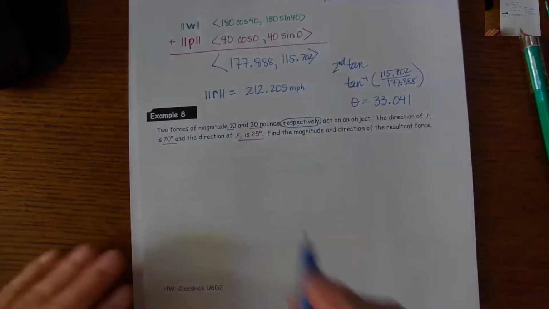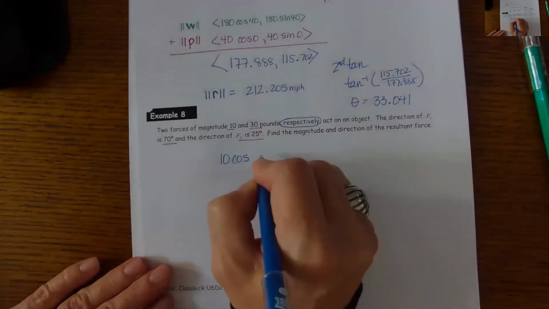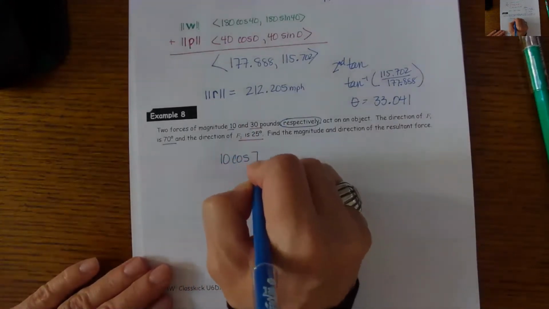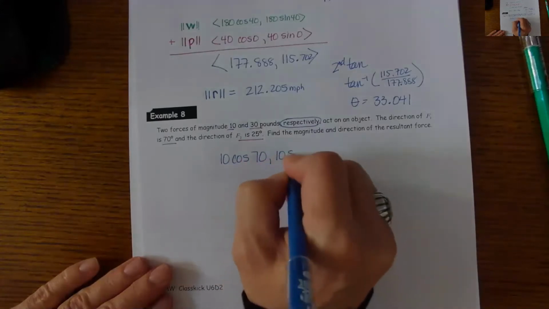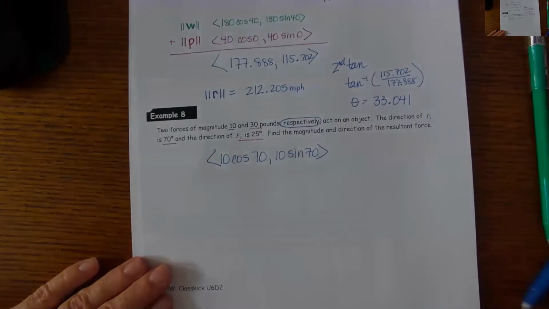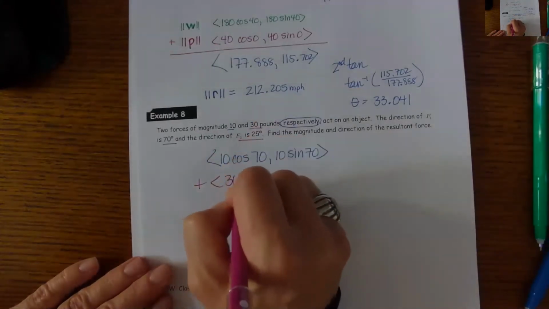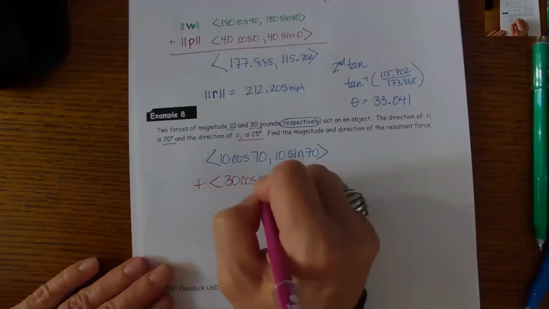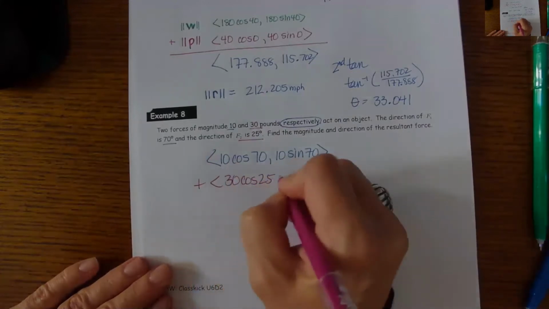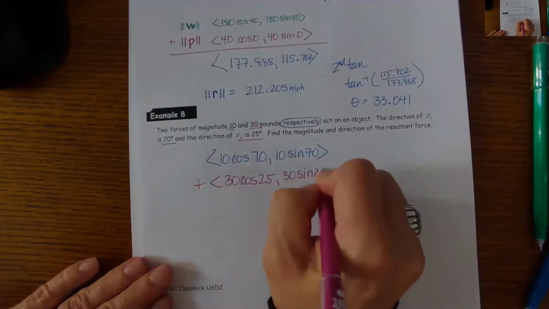So what are our equations going to be? 10 cosine what? 70, 10 sine 70, plus 30 cosine 25, 30 sine 25.